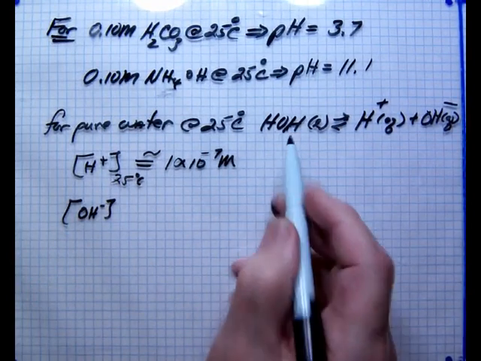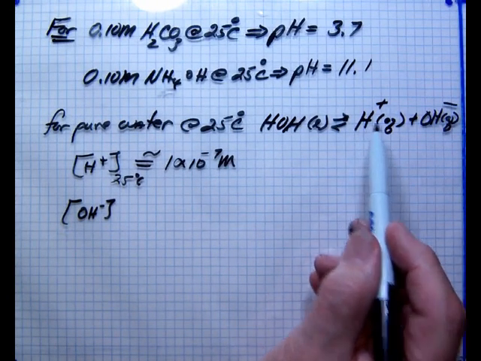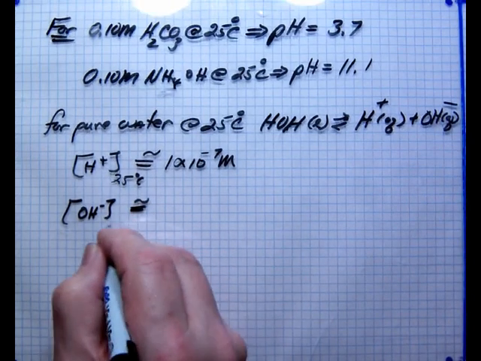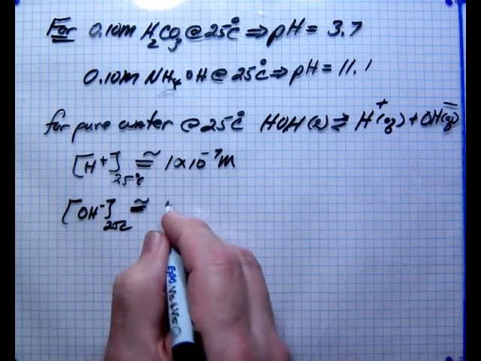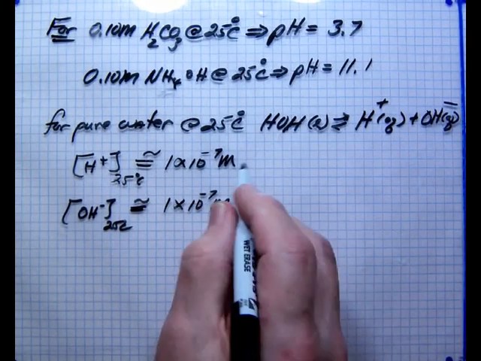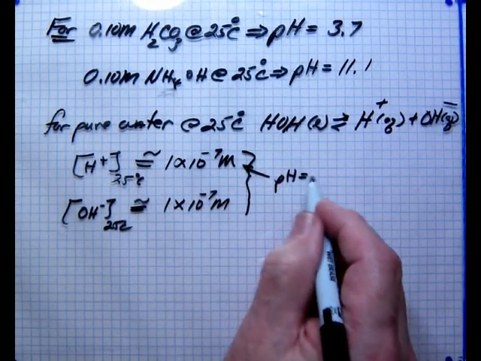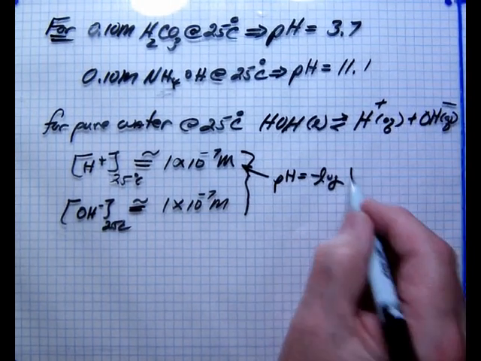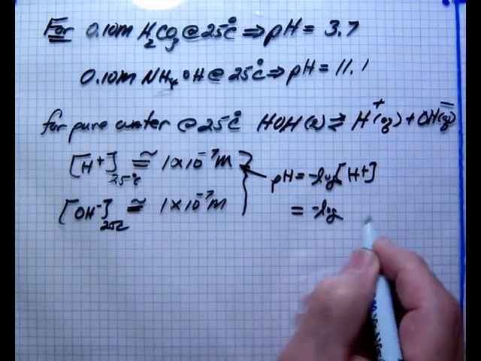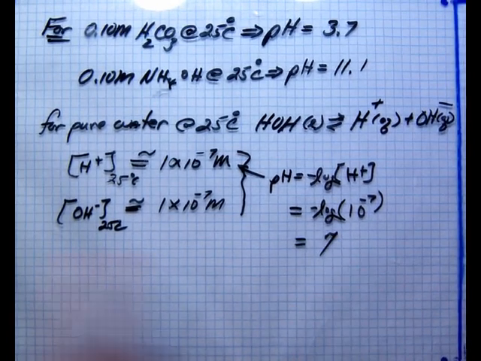They're equal. So if water breaks up, it's going to send one hydrogen ion and also one hydroxide ion. So these, of course, would be at 25 degrees C, 1 times 10 to the minus 7 molar. Again, if we apply pH equals minus log hydronium ion concentration, we have minus log 10 to the minus 7, which is 7.